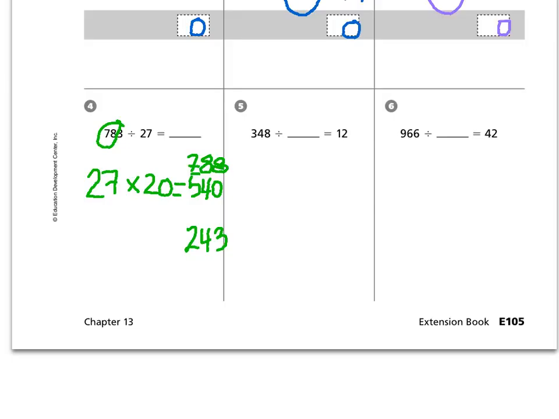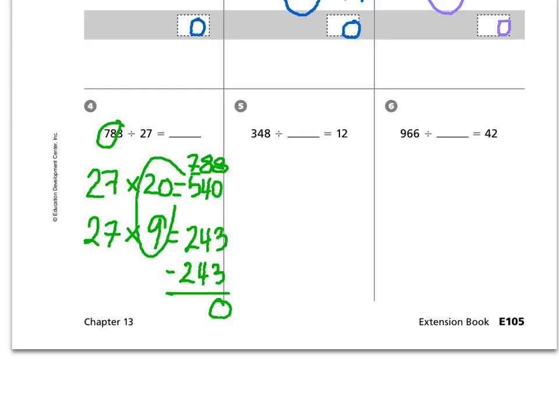Then I'm going to take 27, and I've got to think 27 times what will equal 243. And I know that 27 times 9 equals 243. That's going to be subtracted just like above, and we got 0.